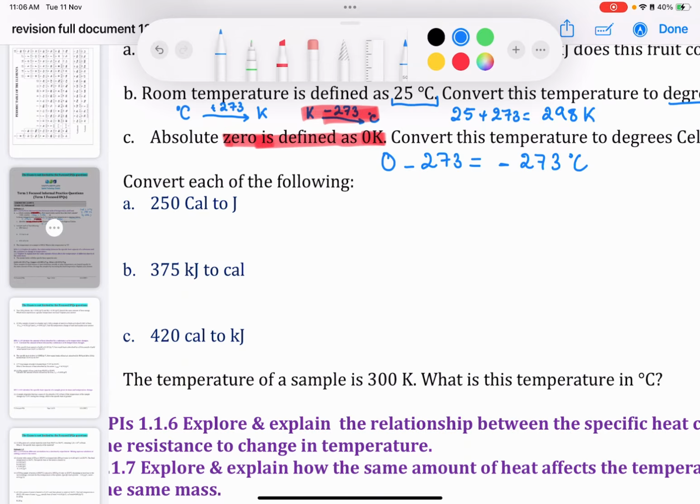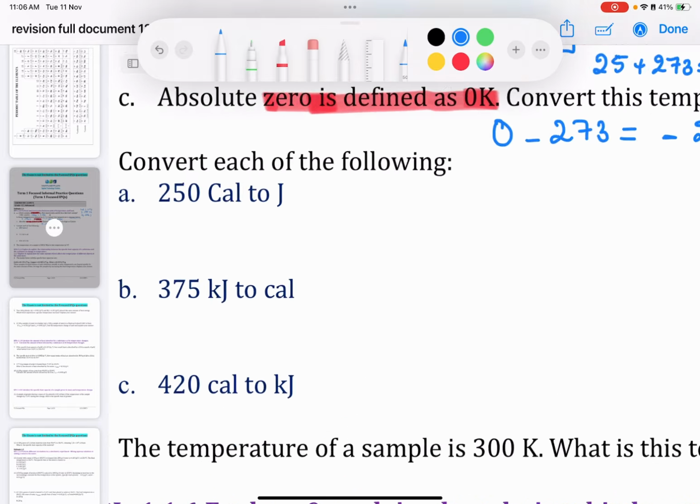There's one thing you have to pay attention to, the way they write the unit calorie. There's a capital C and there's a small c. If it's written with a capital C, it means kilocalories. So when they give you this, you just have to convert it.